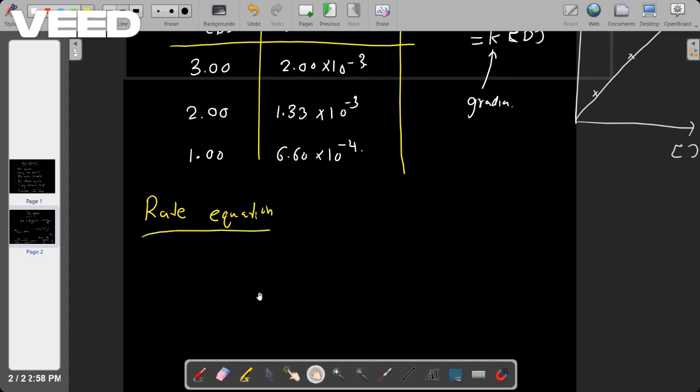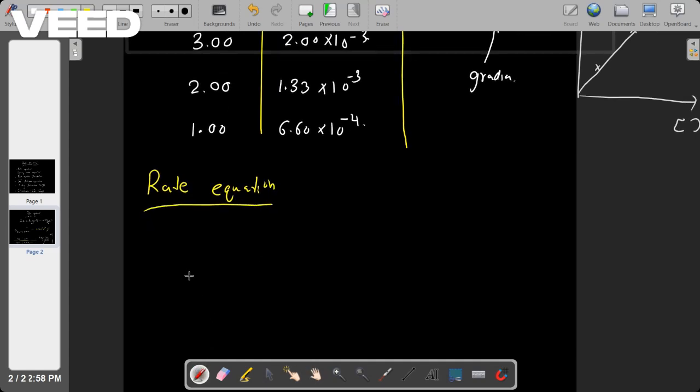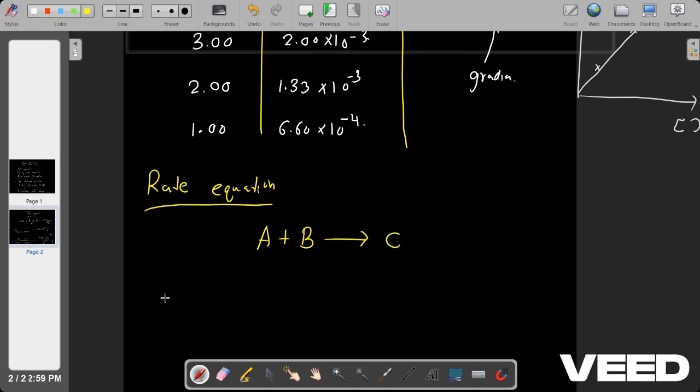To write a rate equation, first of all, you should know the stoichiometric equation. Let's say A and B are reacting together to form the product C. We haven't balanced it, so we don't know the stoichiometric ratios.